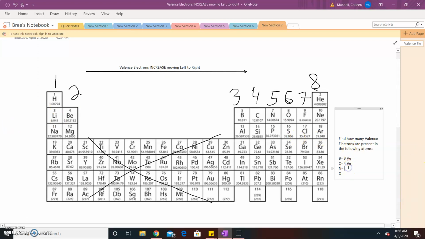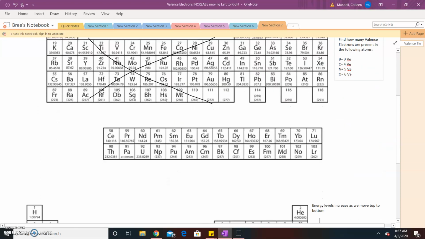So nitrogen is going to be 5, and that makes oxygen, let's look, right here next to nitrogen, 6. Again, you're just seeing that valence electrons increase as we're moving left to right. Each column or each group or family has the same number of valence electrons. So everybody underneath the 1 has 1, underneath the 2 has 2, skip a few, everything underneath the 3 has 3, 4, 5, so on and so forth.